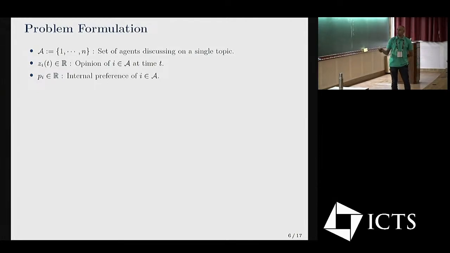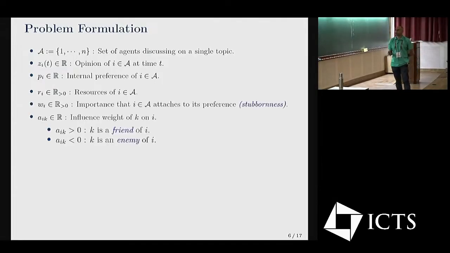If it is taken as the initial condition of Zi, then it could model stubbornness, but also, let us say Pi is a preferred opinion of Zi, then that could also be captured by this parameter. The resources for agent i are denoted by Ri, and Wi is the importance that agent i attaches to its preference. In certain contexts, it could also be a parameter that describes its stubbornness.